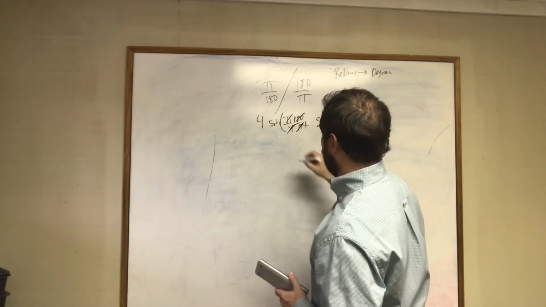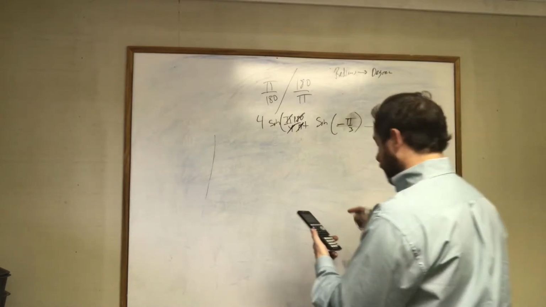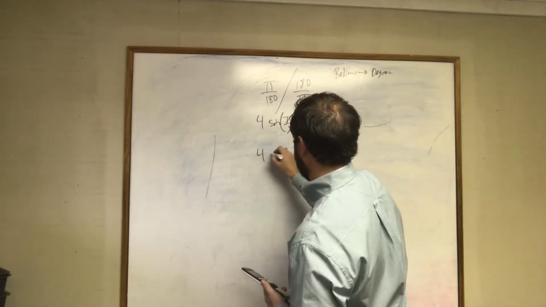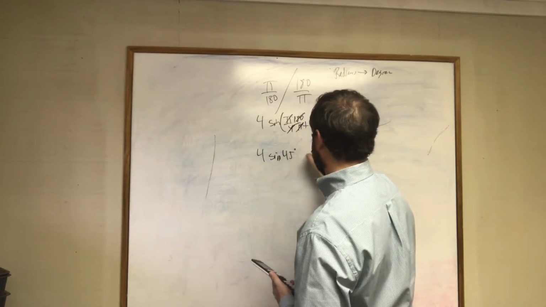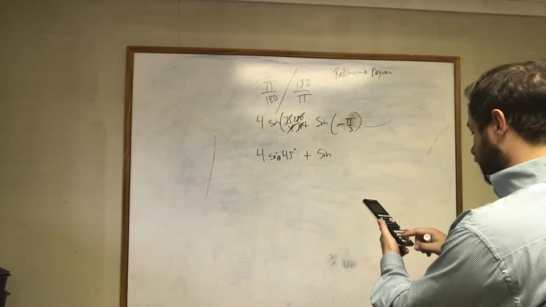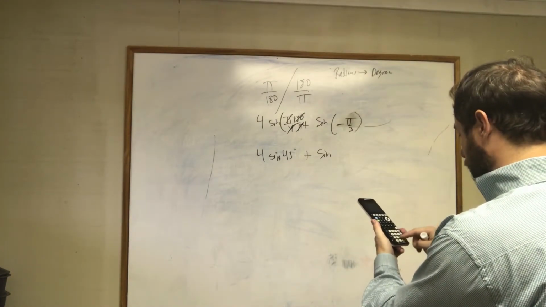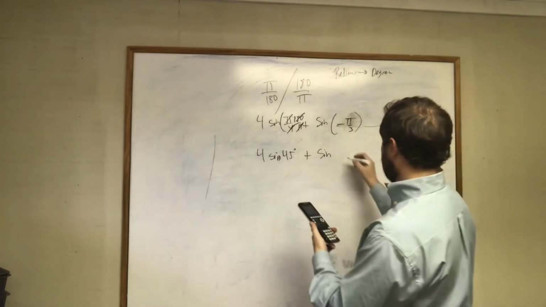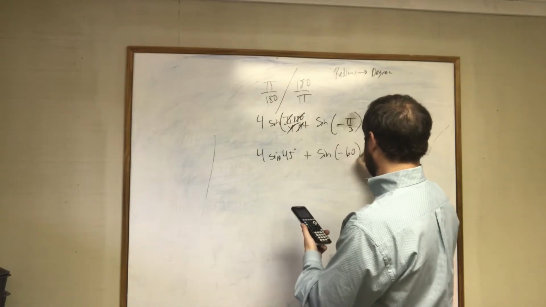When you do that, you multiply everything out, and then you get 180 divided by 4, which is 45. So this really looks more like sine 45 degrees plus sine of 180 over pi divided by 3, which is sine of negative 60.